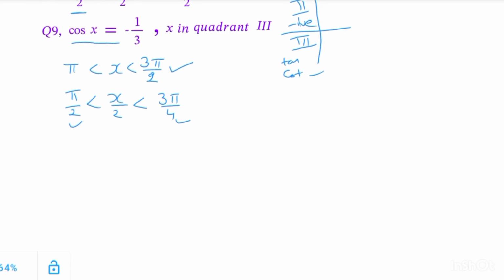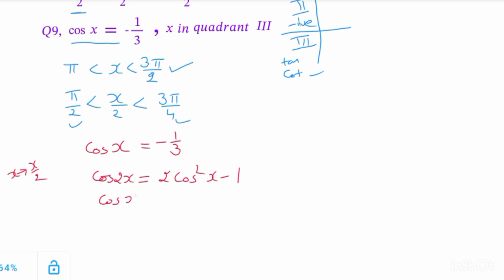We know that cos x is equal to minus 1 by 3. Now from cos x we can find cos x by 2 because we know the formula. Cos 2x is equal to 2 cos squared x minus 1, and if we take x as x by 2, this will become cos x is equal to 2 cos squared x by 2 minus 1.